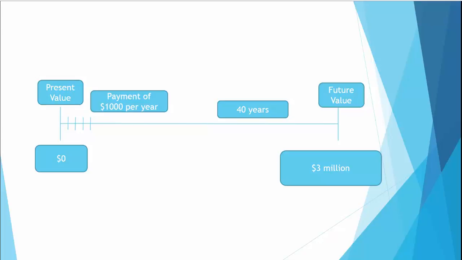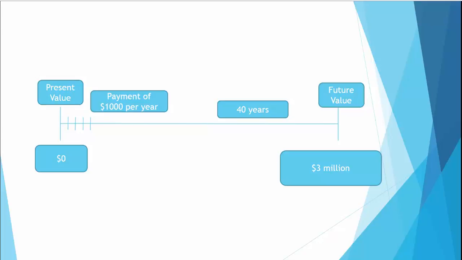The question says per year, so we can tell that it's annual compounding, so there's nothing to do in this step. Next, determine the signs. You are paying out $1,000 a year, so that is a cash outflow, so the $1,000 needs to be negative. You'll receive an inflow of $3 million in 40 years, so that is a positive flow.